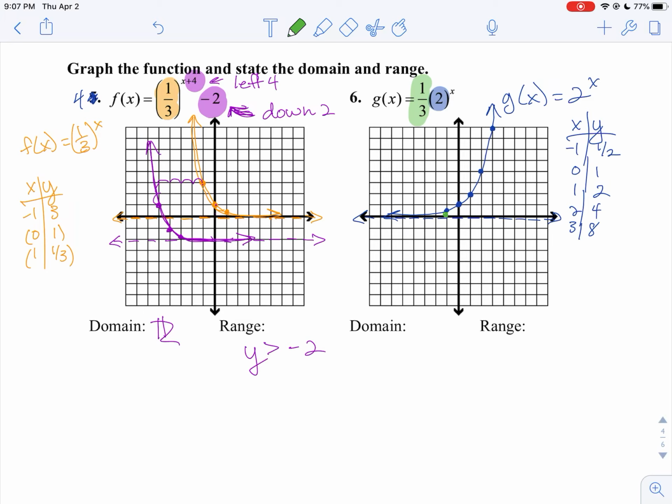The next point that is at 0, 1 is only going to be 1/3 as tall. 1/3 of 1 is 1/3. So it's going to be about right there. My next point that was up at 2, if I multiply that 2 by 1/3, vertical shrink by a factor of 1/3, 2 times 1/3 would be 2/3. So my graph would be at 1, 2/3, about like that.